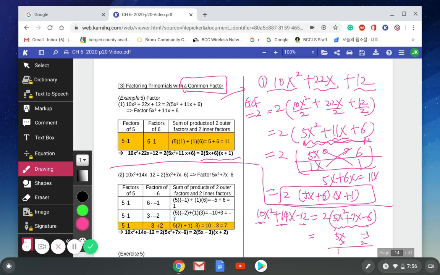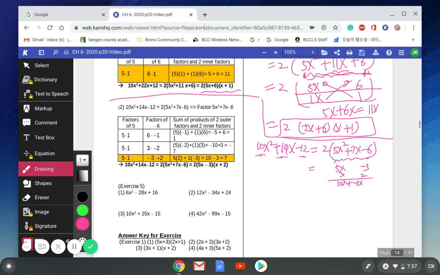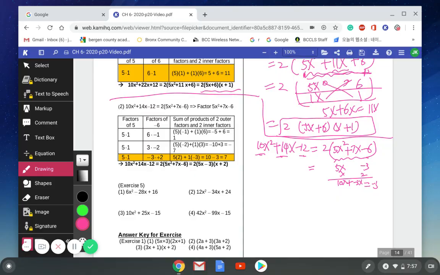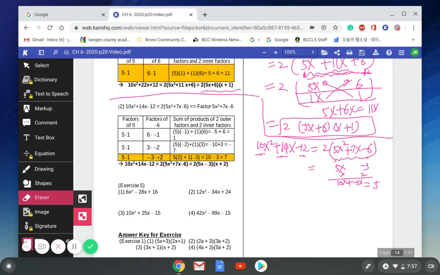So in that way, 10x plus negative 3x becomes negative 5x, positive 7x. Checked.